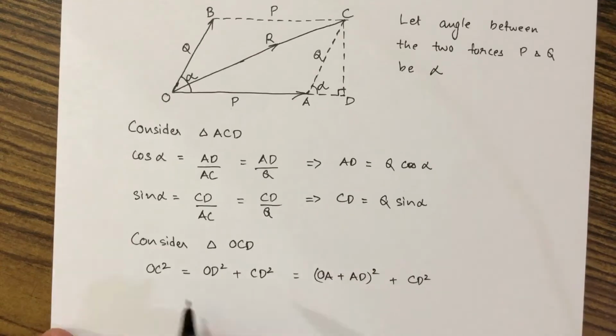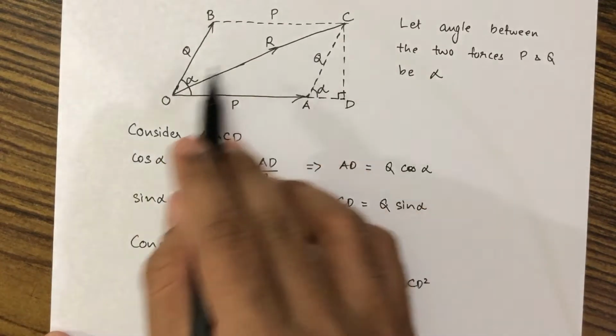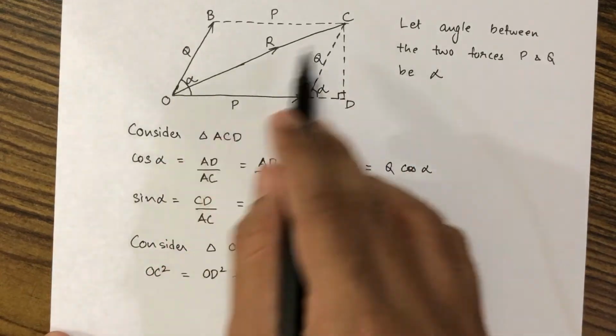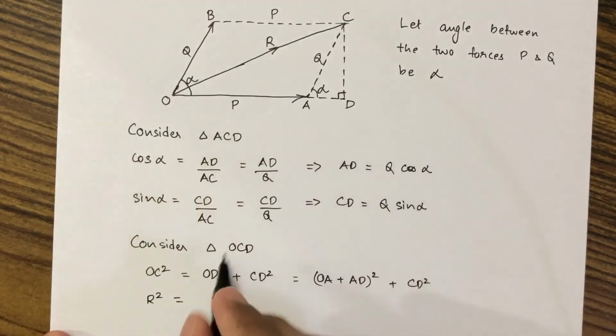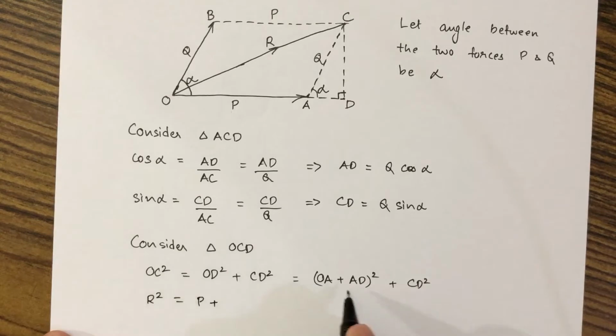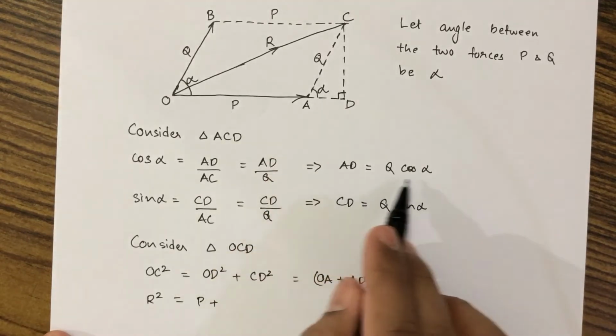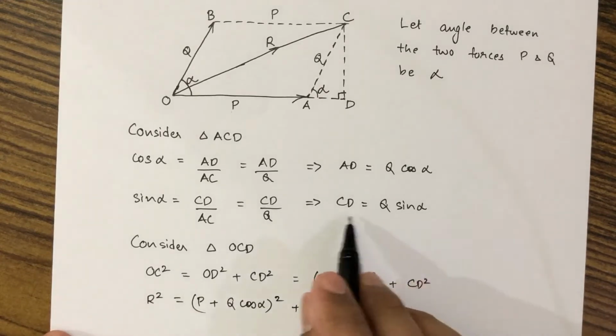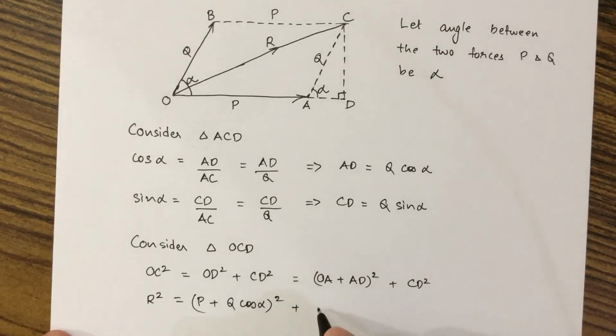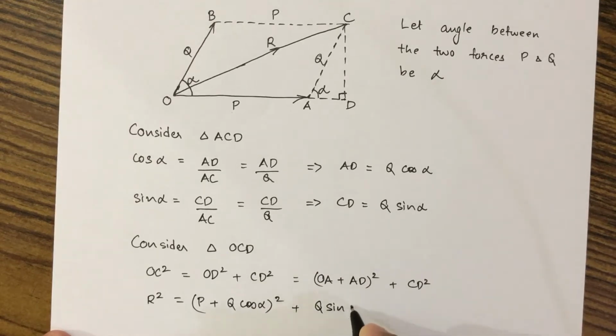Substituting these values, and OC is represented by the resultant R, we can write R square is equal to P plus Q cos alpha whole square plus Q sin alpha whole square.